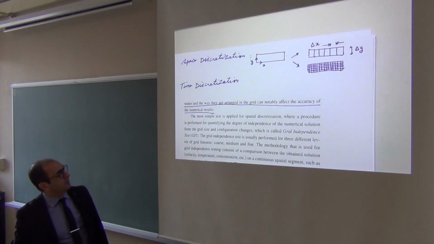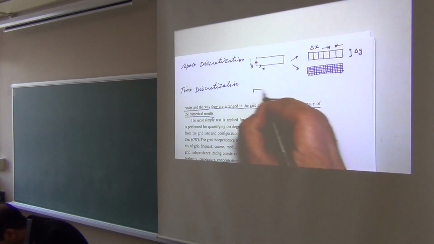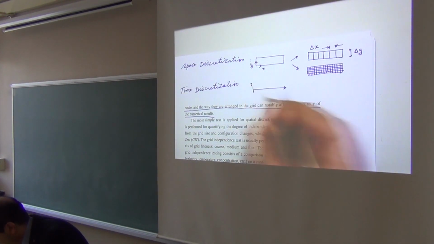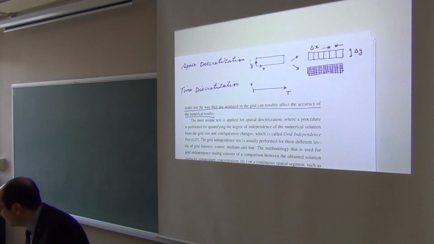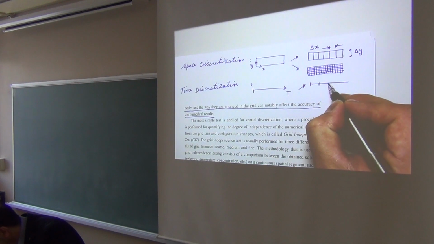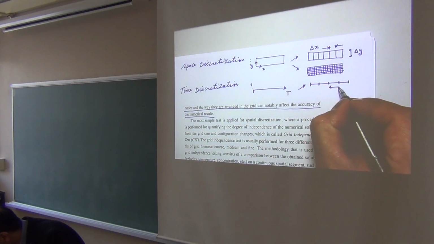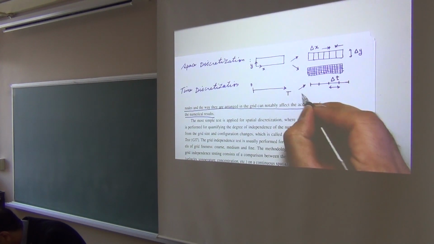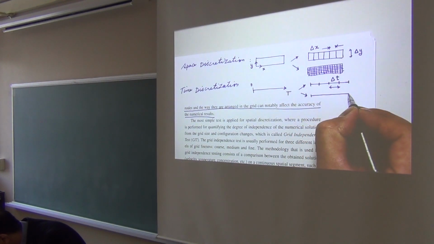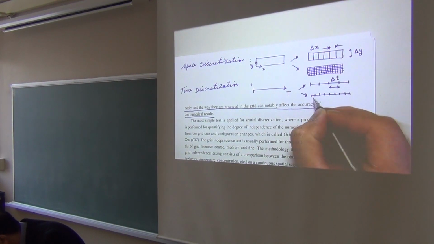Time discretization. Here I'm considering an arrow of time. Let's say I start from time 0 and I finish at some final time. I could have a very coarse time step in my model, say delta t, or I could have a very fine time step in which delta t is much smaller.